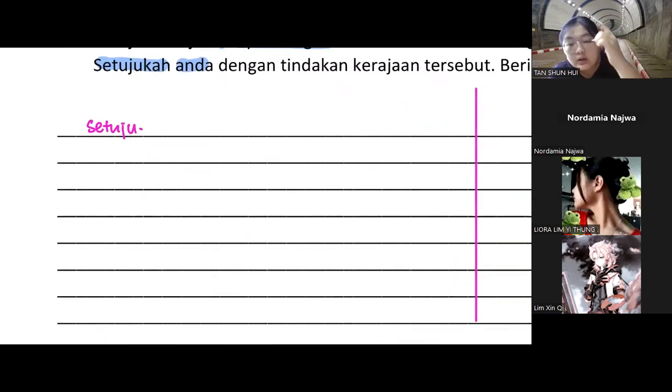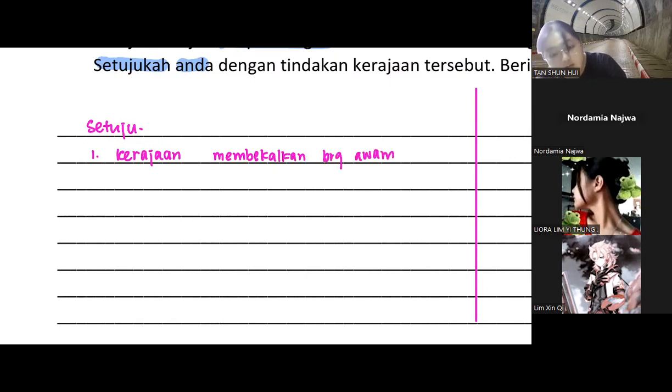So you can tell me, oh, we setuju. Why? Because kerajaan, I give you in point forms, is there to produce barang awam dan barang sosial. So you can see kerajaan campur tangan dan membekalkan or mengeluarkan barang awam dan barang sosial.